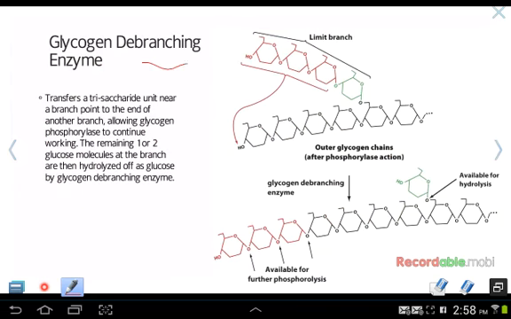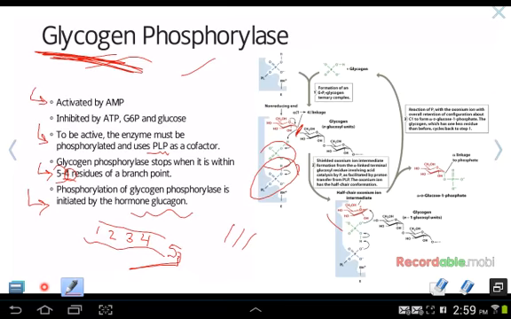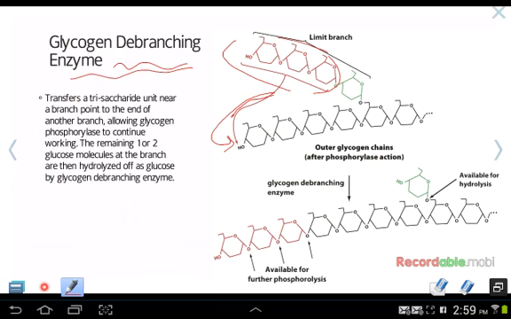Glycogen debranching enzyme transfers a trisaccharide, so 3 glucose molecules linked together, to an end of another branch site. So it will transfer it from the shortened branch over to a longer branch. Then the glycogen phosphorylase can cleave these 3 saccharides because it is now further away from the branch point.